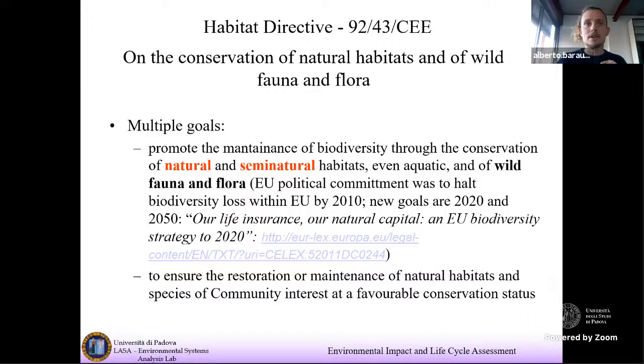It has several goals: promoting the maintenance of biodiversity through the conservation of natural and semi-natural habitats and wild fauna and flora. Natural habitats, you get what they are. Semi-natural habitats are habitats that only exist because of human activities. So they are not natural, but they have a value for biodiversity.